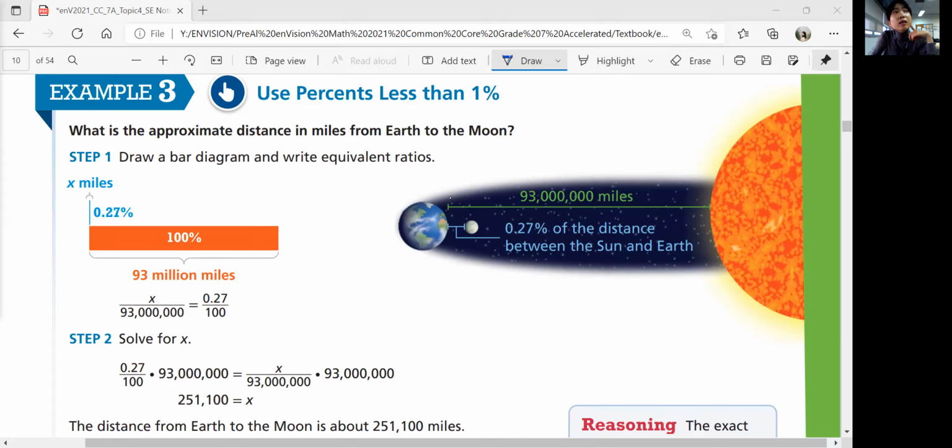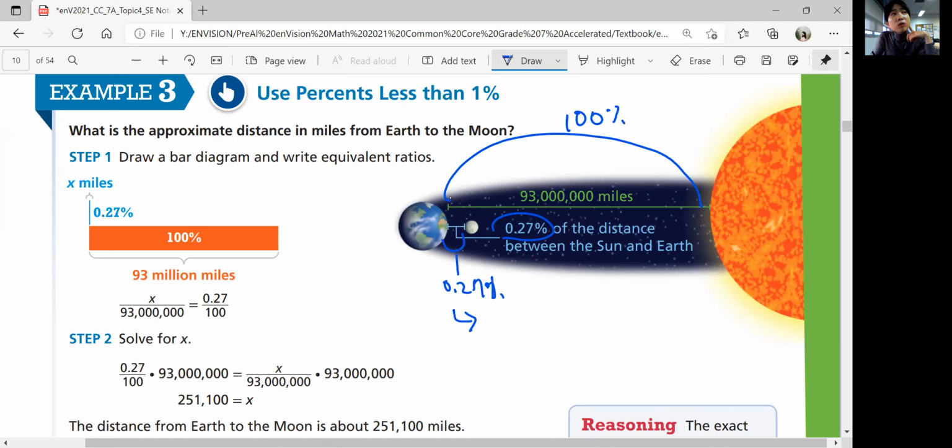If we think of the sun distance as 100%, this distance is going to be 0.27%. Notice this is a percent, so in decimal, this is going to be 0.0027. It's not 0.27. 0.27 is 27%. There's a common mistake there.